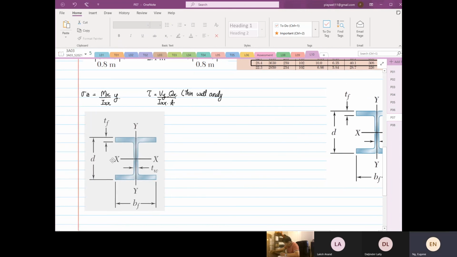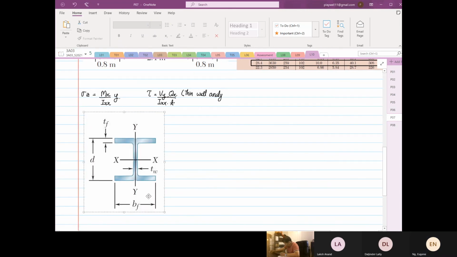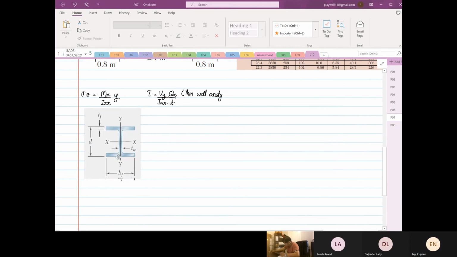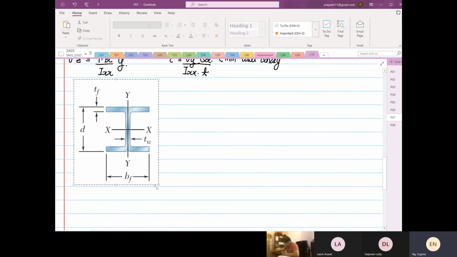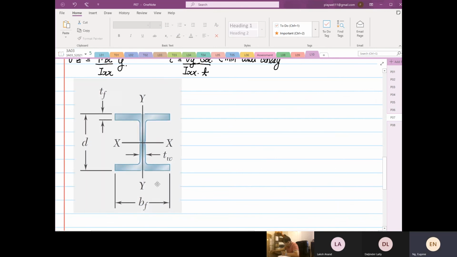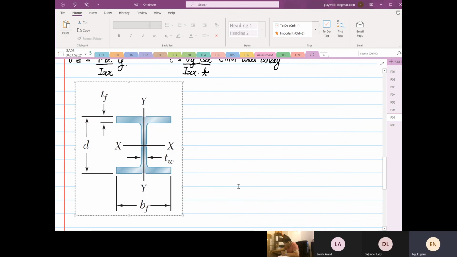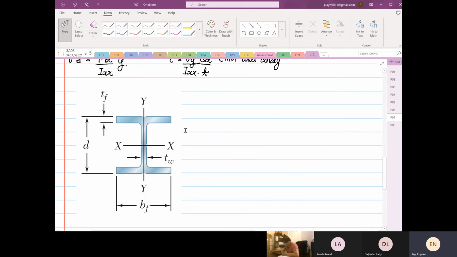So now if we go to sketch our bending moment diagram or our bending load, this is our axis, and this is our y.